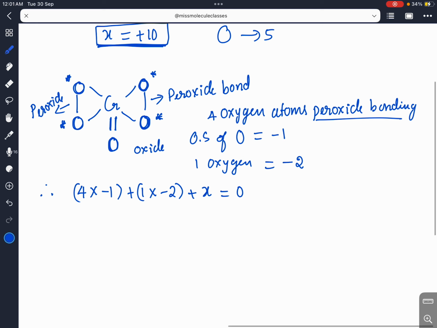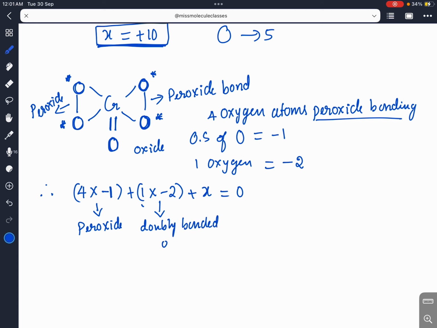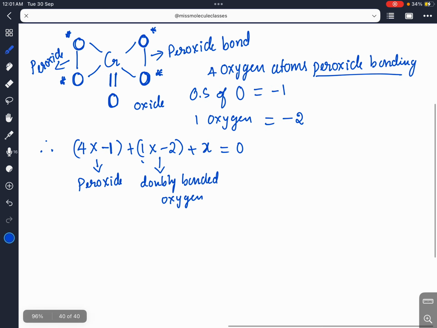I'll mention here once again, this is peroxide. Whenever the oxygen is bonded by a peroxide linkage, its oxidation state will be -1. And this one is from the doubly bonded oxygen, which is going to have an oxidation number of -2. And X is chromium.